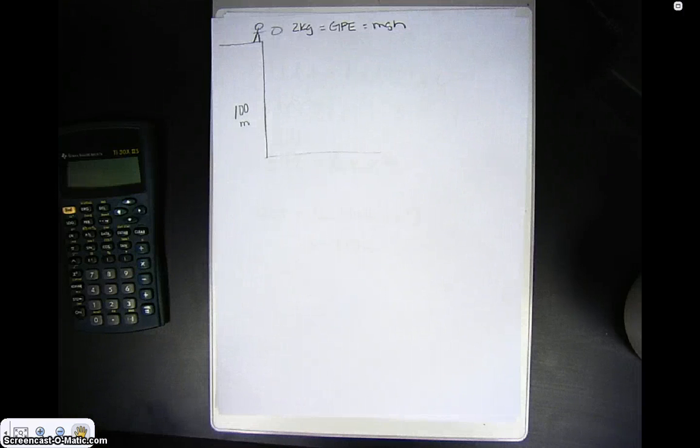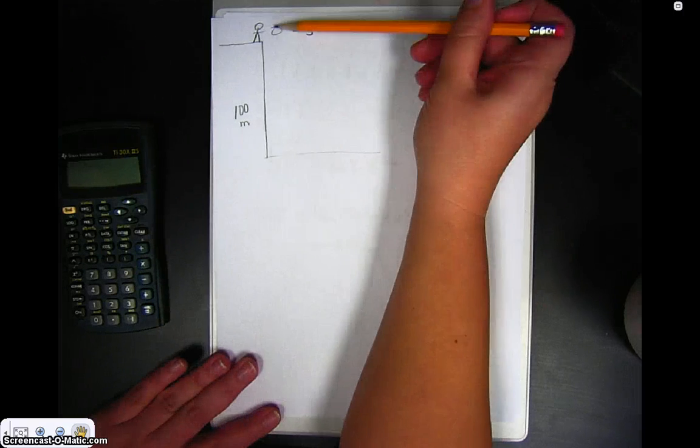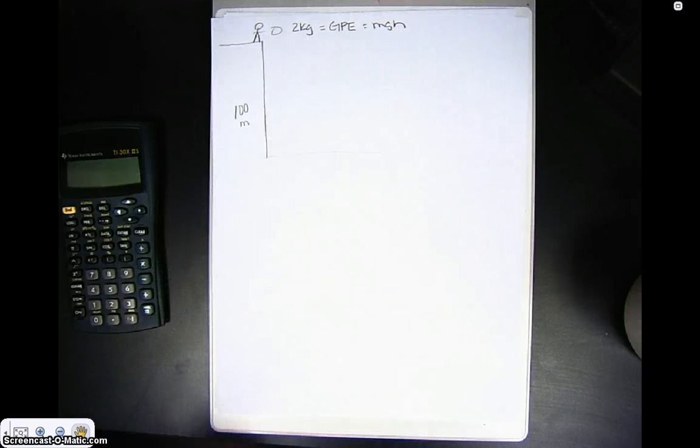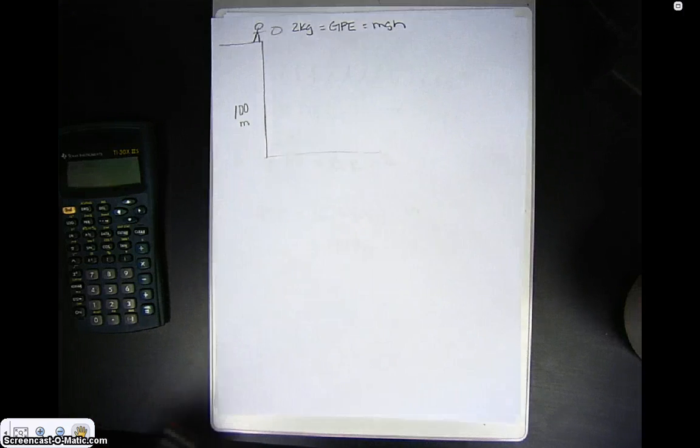Now, if I let the ball go, it's going to fall towards the bottom, and as it does this, it starts to move faster and faster and faster, and it starts to lose that gravitational potential energy, and because it's moving now, the gravitational potential energy is becoming kinetic energy. So that's our law of conservation of energy. Any energy that is lost as a result of potential energy is now being converted to kinetic energy.